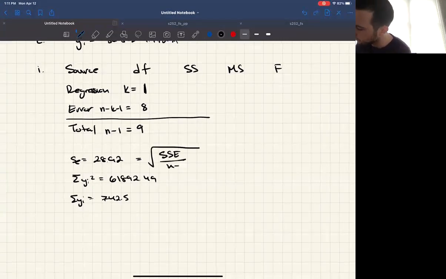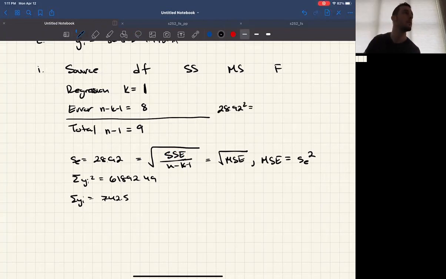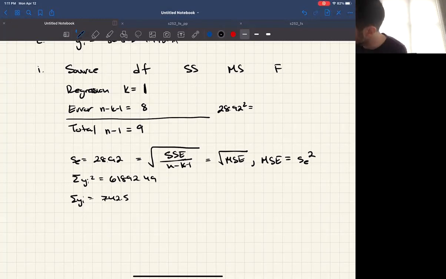In general, this is the square root of SSE over n minus k minus 1. So therefore, SE is actually just the square root of the MSE. So therefore, the MSE is equal to the little se squared. So this value here is going to be 28.92 squared, which is equal to 836.3664.